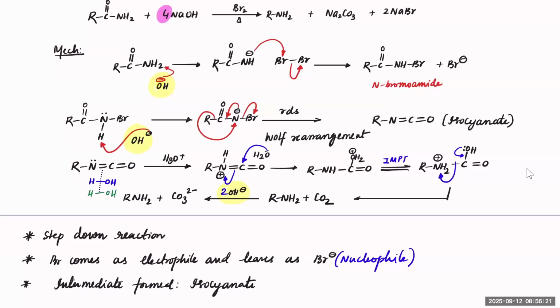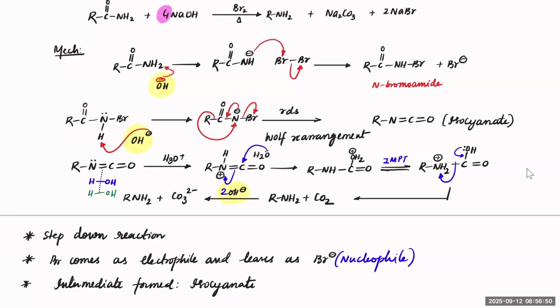And that N minus can push electrons to carbon, making this alkyl group break and attack on this nitrogen, removing this Br. This is a rearrangement, the same rearrangement, if you can see that. So due to this rearrangement, what is the compound you are getting now? Isocyanate. So this is the intermediate which is formed.